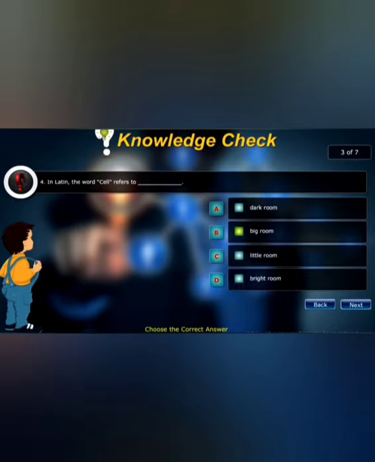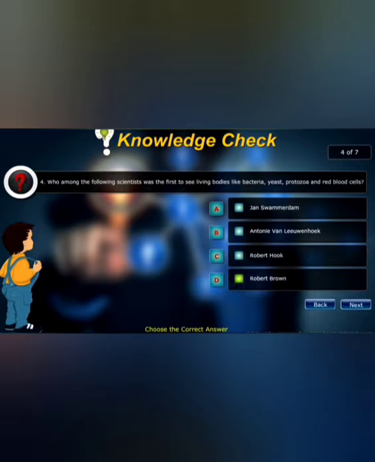Question number 3. In Latin, the word cell refers to dash. Option A. Dark room. Option B. Big room. Option C. Little room. Option D. Bright room. Question number 4. Who among the following scientists was the first to see living bodies like bacteria, yeast, protozoa, and red blood cells?